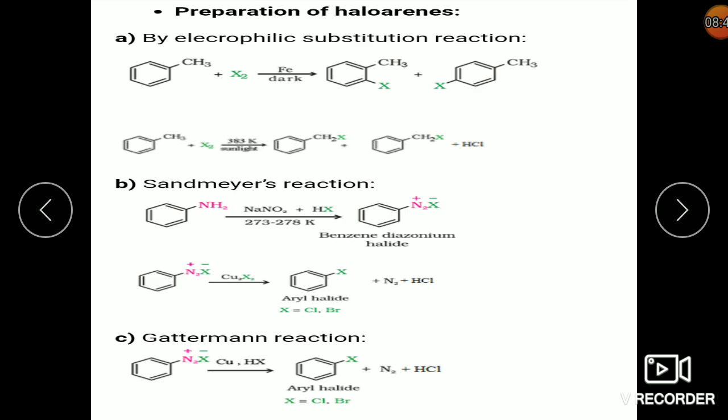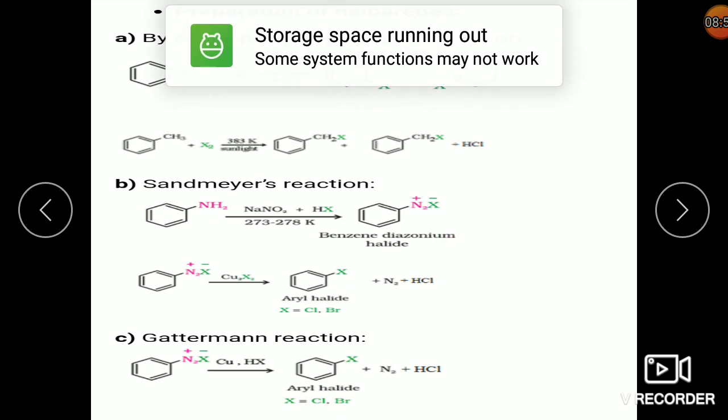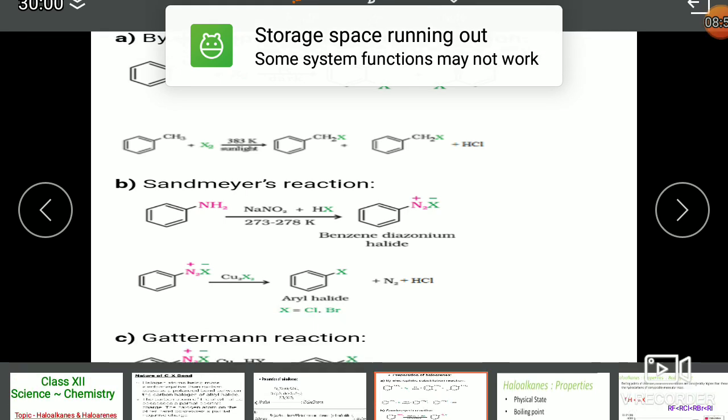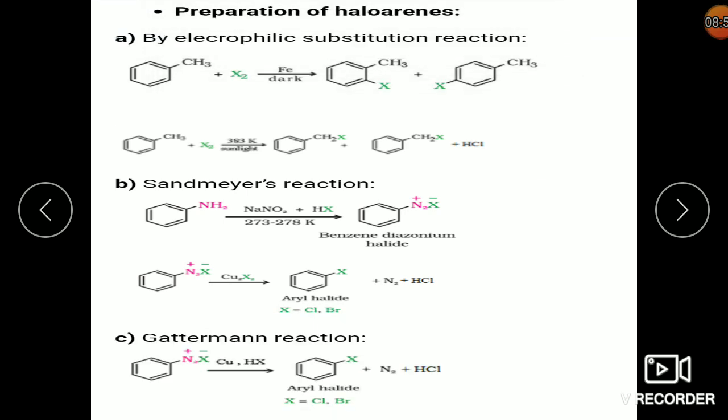So aniline, if you want to convert it into anything, or you want to remove this NH2 group, always the first step you have to do is this, with NaNO2 plus hydrogen halide.